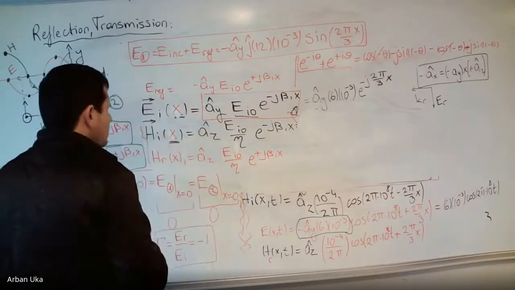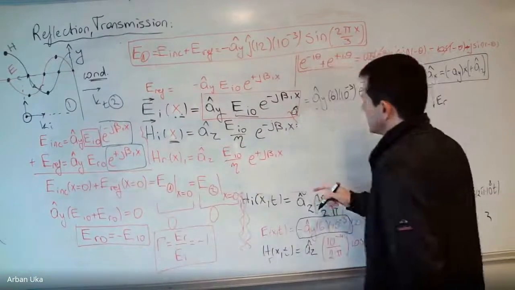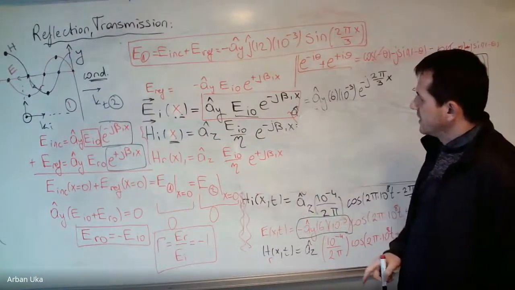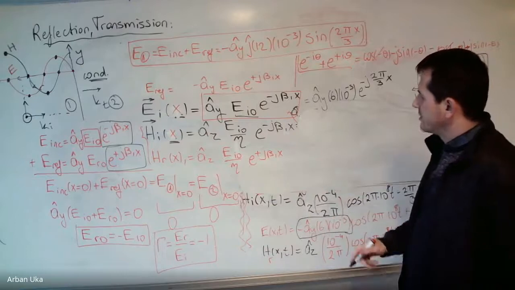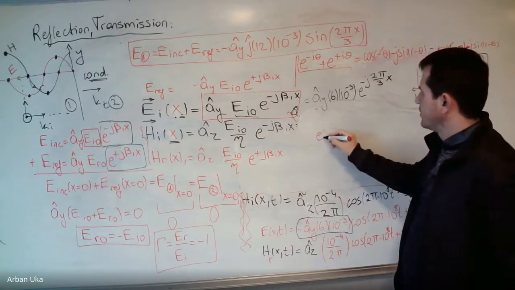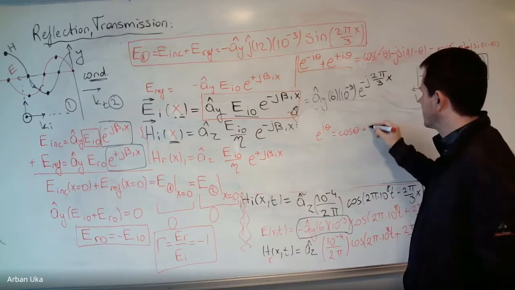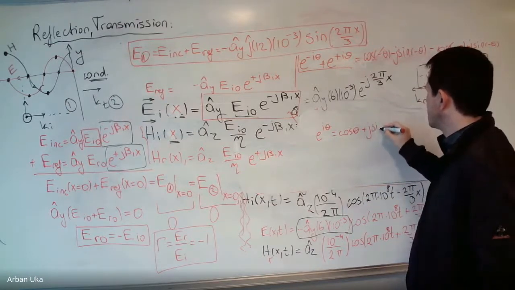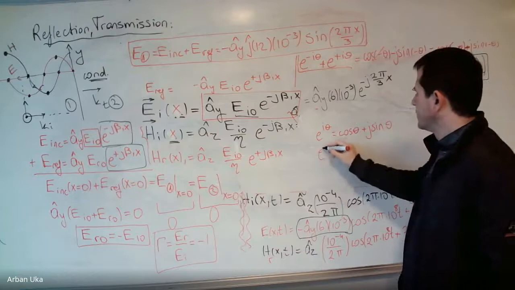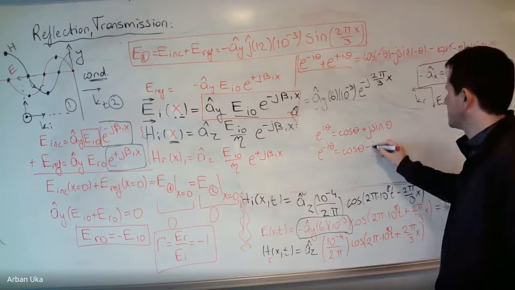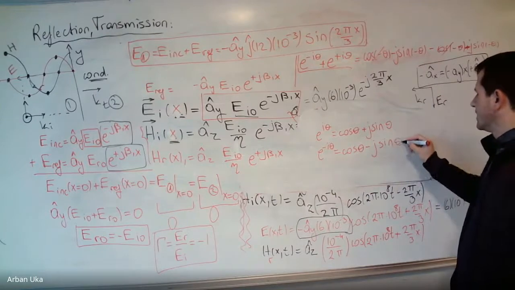So if we add these two terms together, we know that e to the power j theta is cosine theta plus j sine theta, and e to the power minus j theta is cosine theta minus j sine theta.